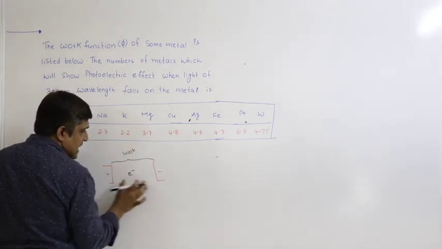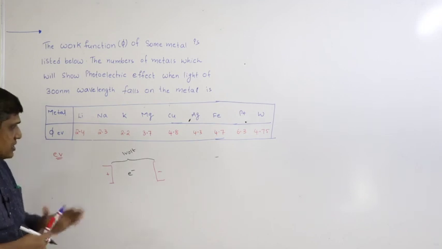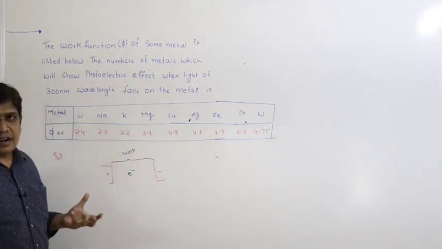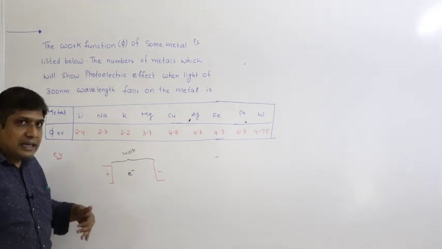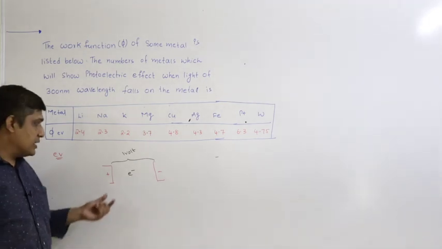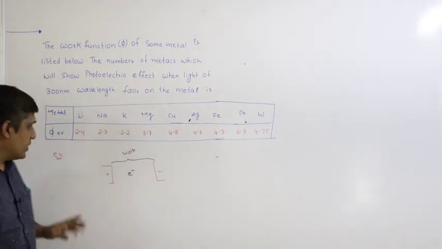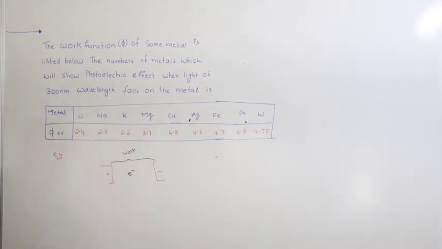When I separate these charges, the potential difference that exists is 1 volt. When an electron is placed here, it will interact with the field, so it will move. The energy gained by a single electron under a potential difference of 1 volt, we call it 1 electron volt.